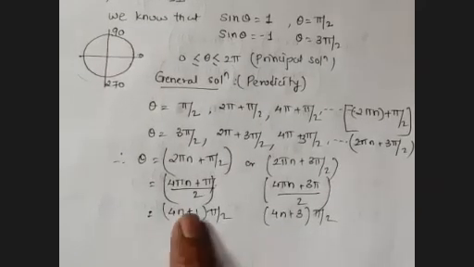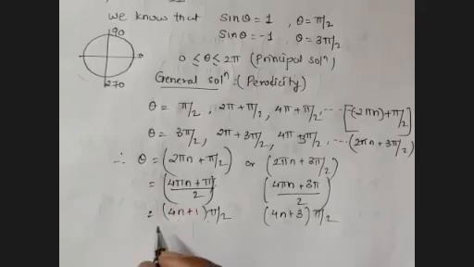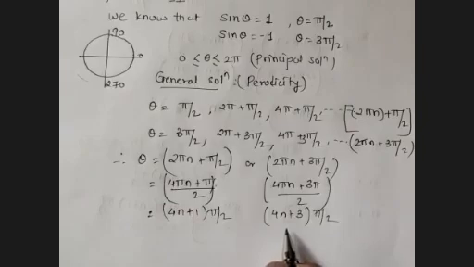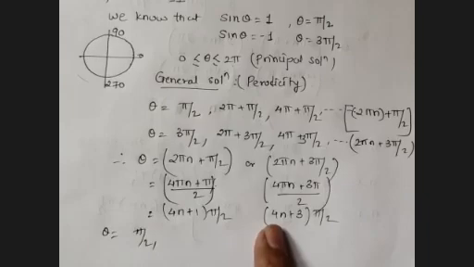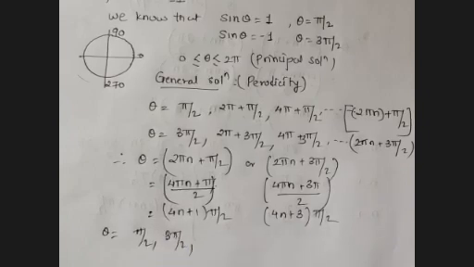So you see here, if we substitute the value of n as 0, 1, 2, 3, 4, we have theta's value as, when we substitute 0, it becomes pi by 2. When we substitute 0 here, we get 3 pi by 2. If we substitute 1 here, we get 4 ones are 4 plus 1, it becomes 5 pi by 2.